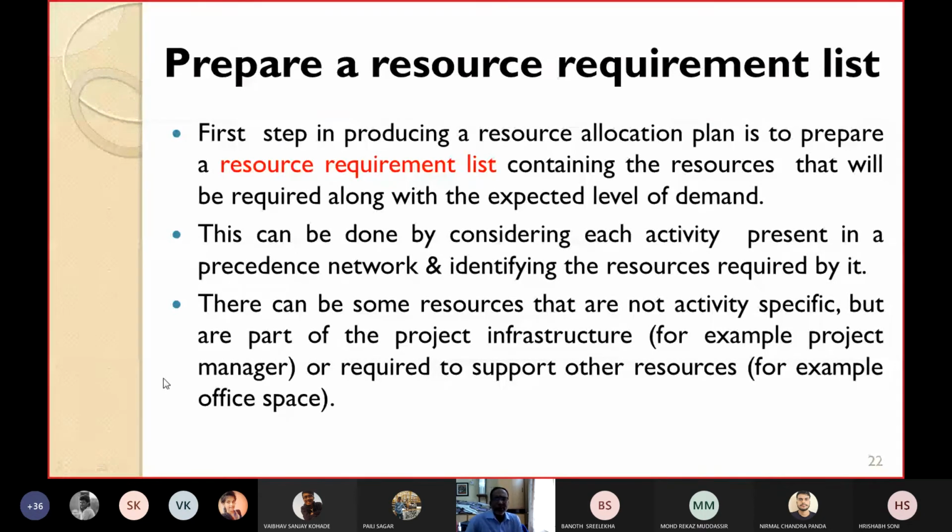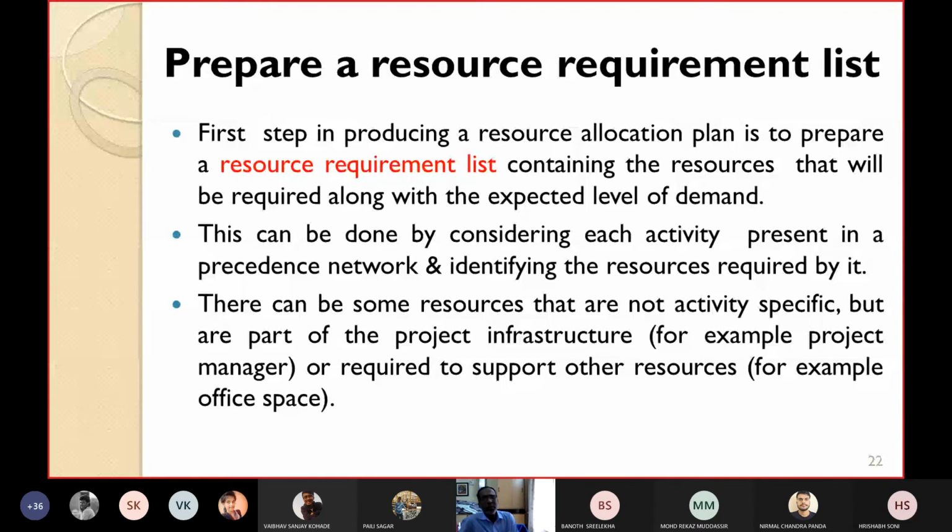There can be some resources which are not activity specific. Of course, as I have already told you, some resources are required for a particular activity, but some resources are required for the whole project all the time. So there can be resources that are not activity specific, but are part of the project infrastructure, for example the project manager, or those resources required to support other resources.